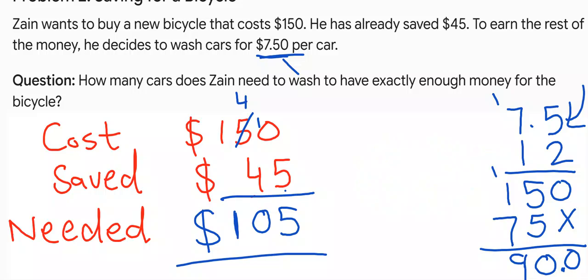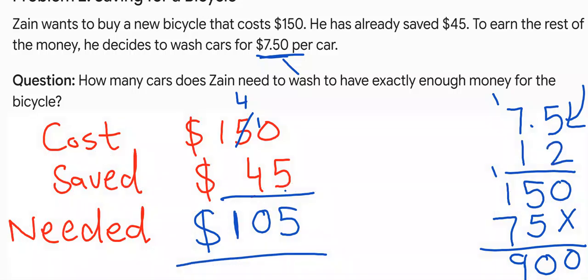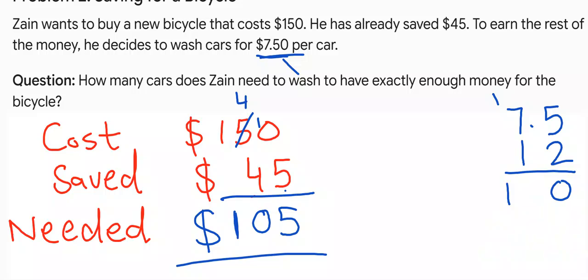Let's try multiplying it by 14. Let's remove this and try multiplying it by 14. 4 5s are 20, 4 7s are 28, 29, 30.